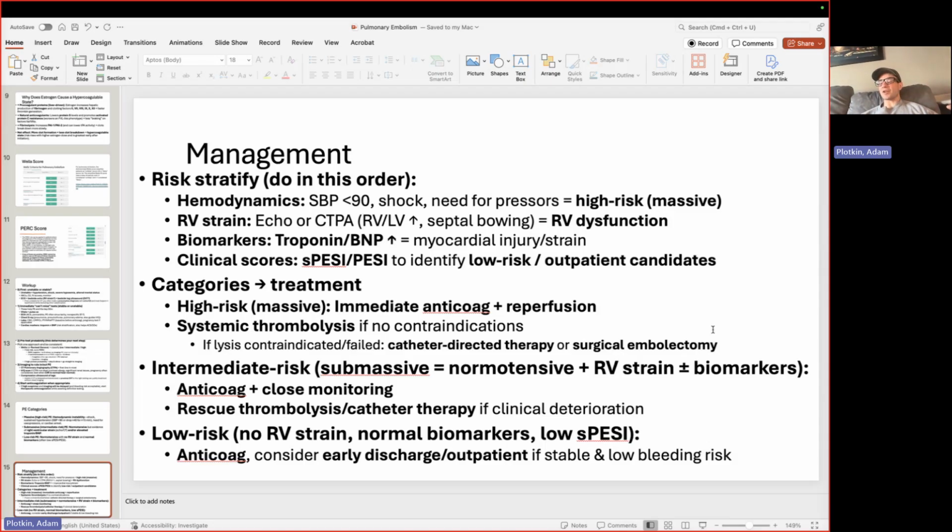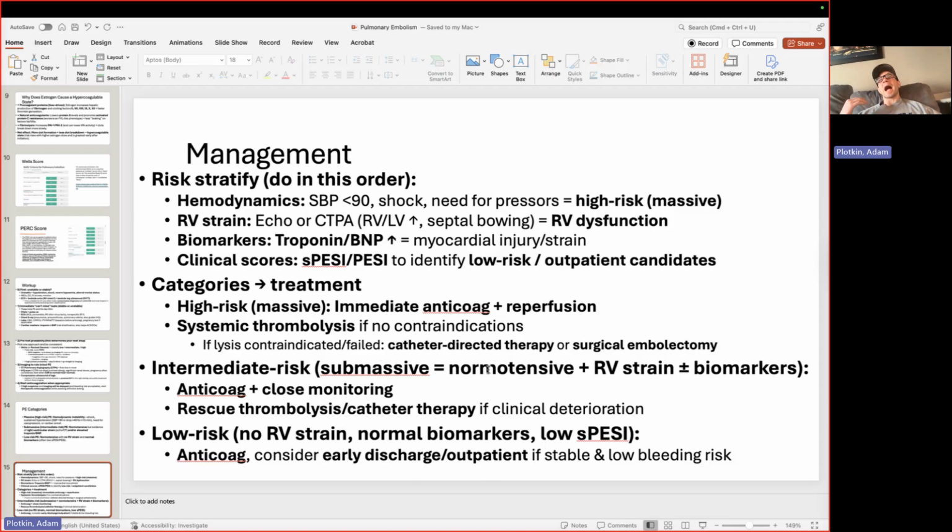We can give it, but some patients have contraindications to TPA, and we'll talk about what those are. If it's an intermediate risk, so submassive, we'll do anticoagulation and close monitoring, and if they start to deteriorate, we'll do the rescue thrombolysis or catheter therapy. If it's low risk, anticoagulation, and they could potentially be early discharge and outpatient.